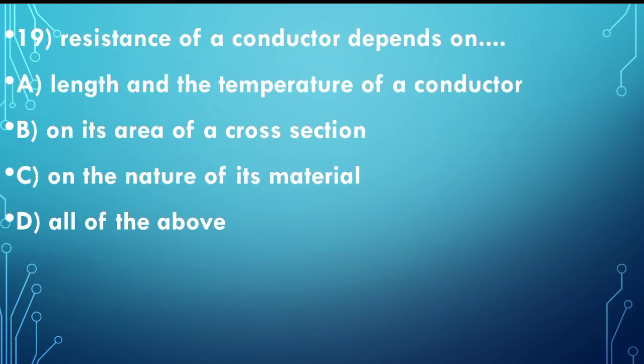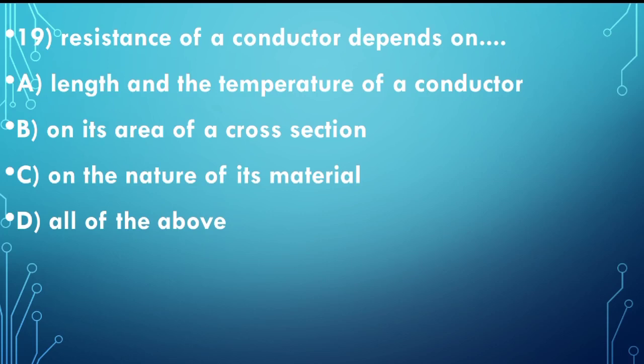Okay. So next, resistance of a conductor depends on, now it's an important question, children. Resistance of a conductor depends on: first option, length and the temperature of a conductor; on its area of cross section; and on the nature of its material; or the D option is all of the above.